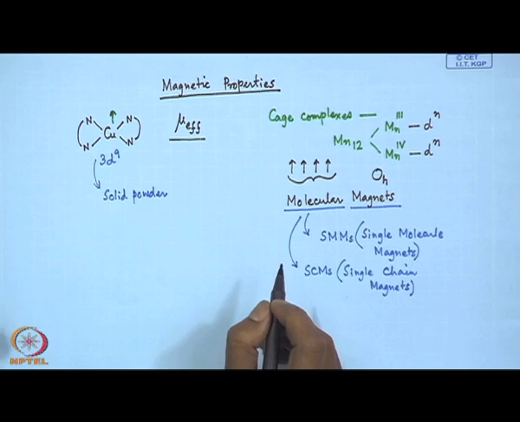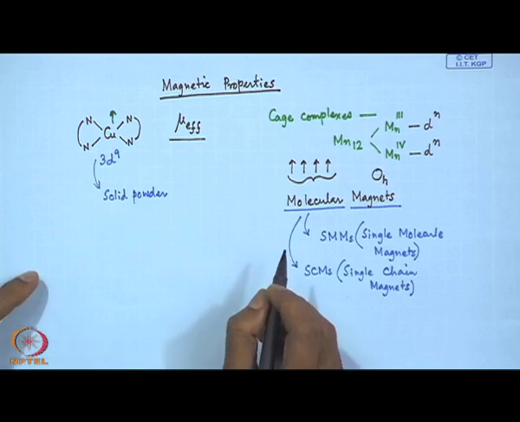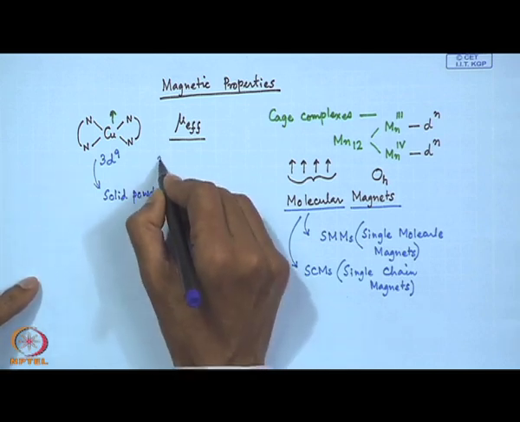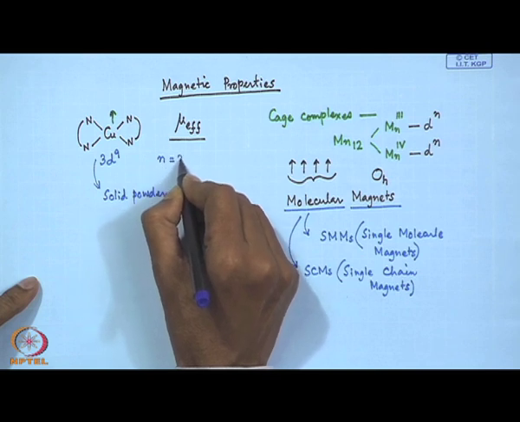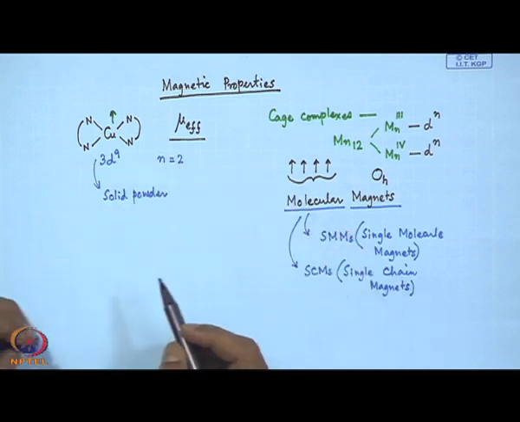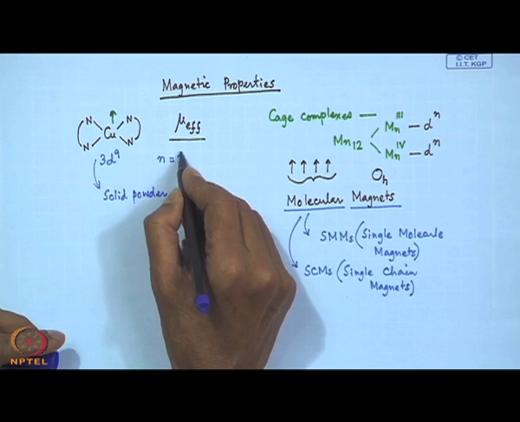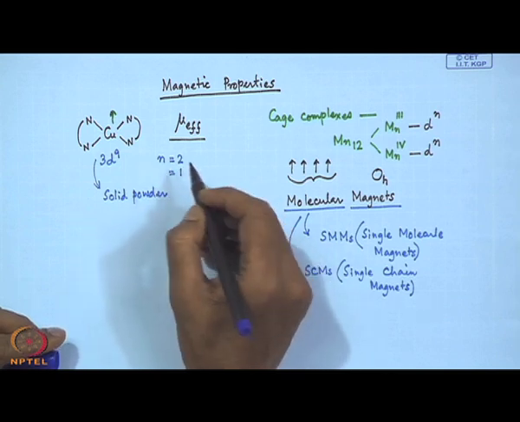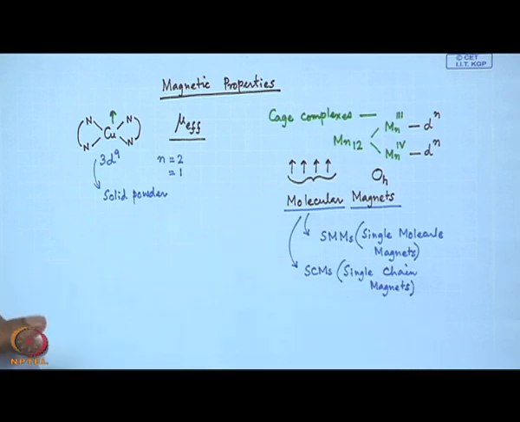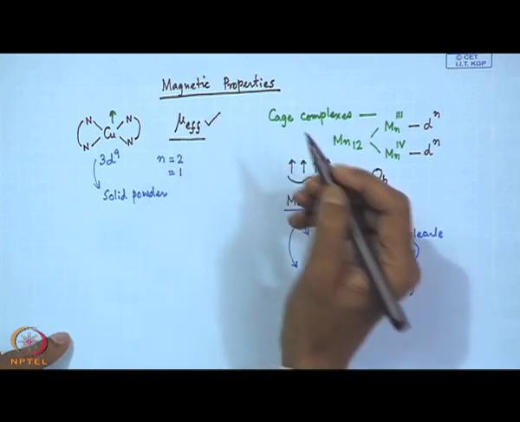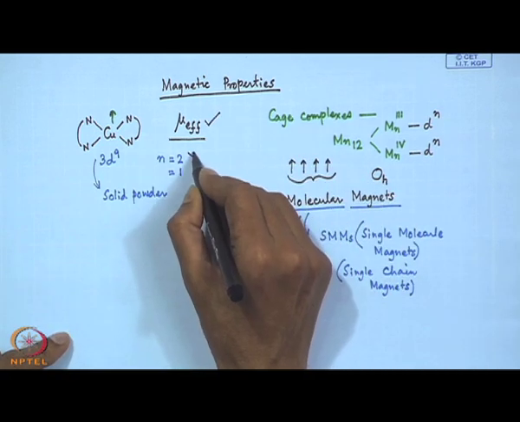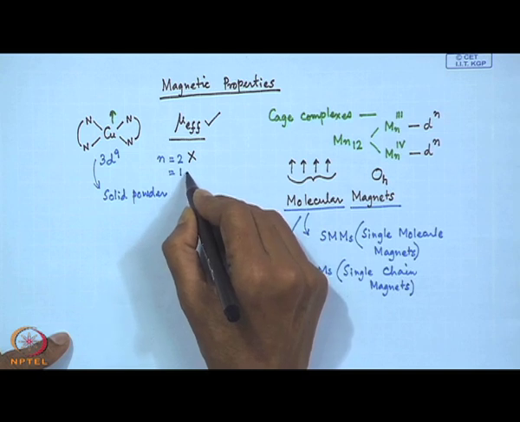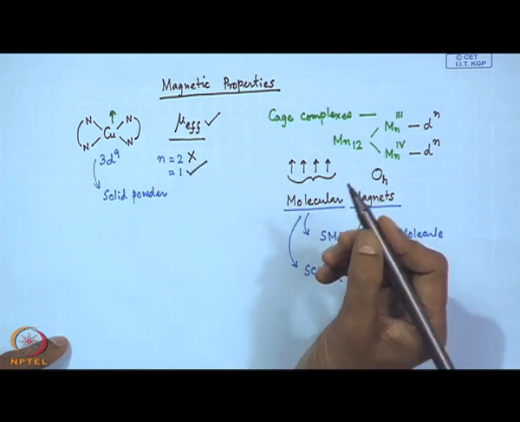So, using the solid powdered compound we can determine the corresponding magnetic moment, where we can get the corresponding paramagnetism, whether n equal to 2, n equal to 1 or something else. That means the number of unpaired electrons we can determine nicely through the measurement of these mu effective values. So, it cannot be n equal to 2, it will be n equal to 1.